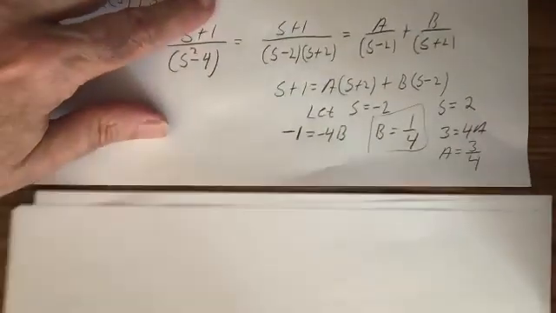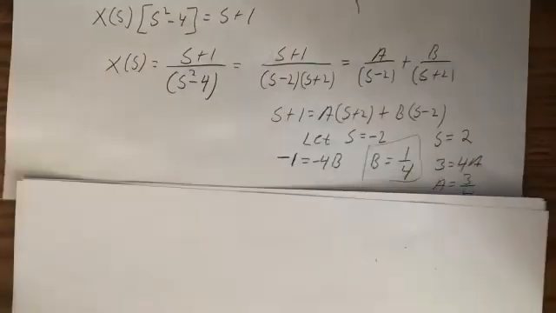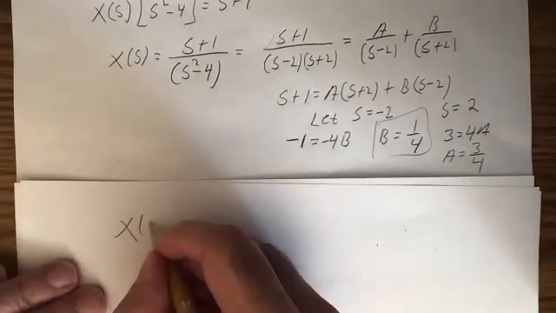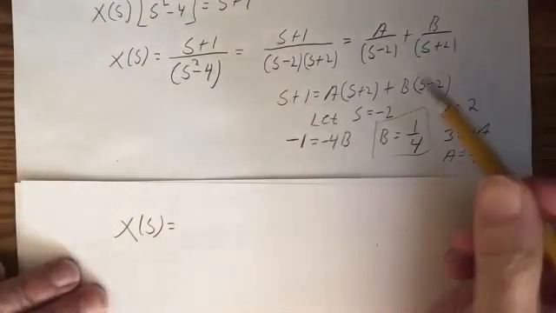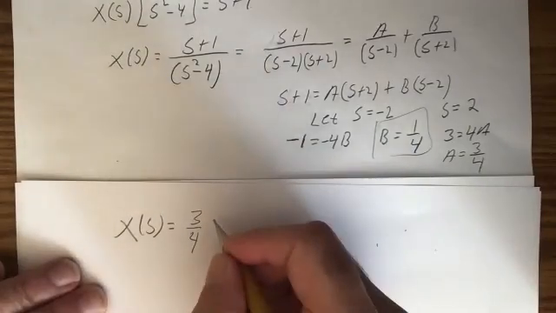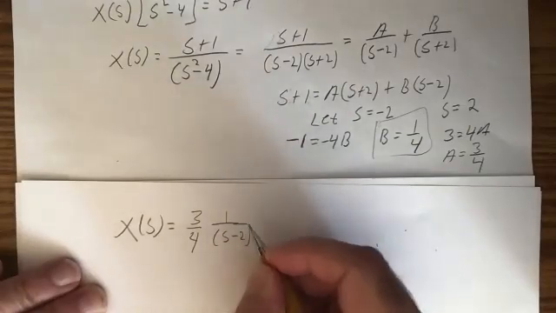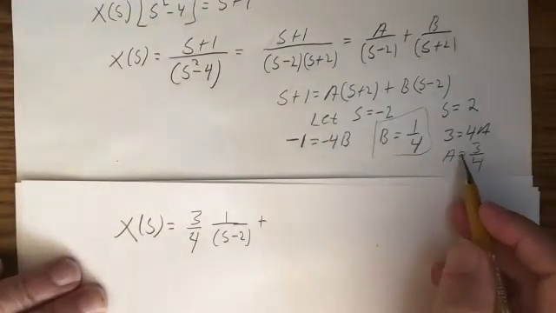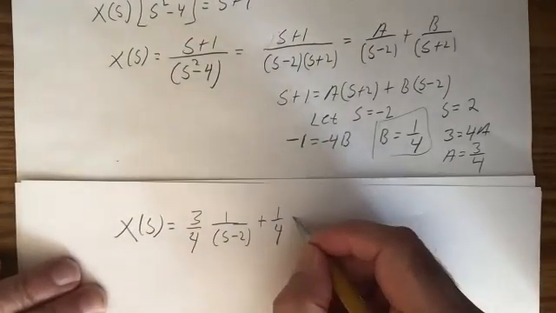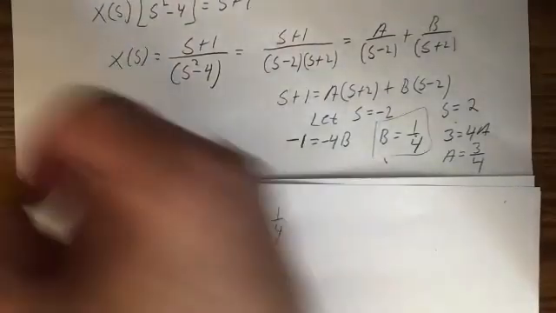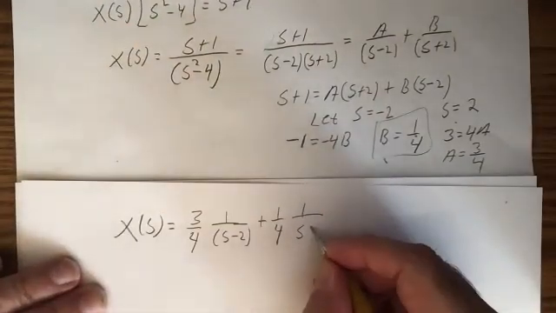So now what do I have here? A is 3 over 4, so that's 3 over 4 times 1 over s minus 2, plus B, which was equal to 1 over 4, times 1 over s plus 2.